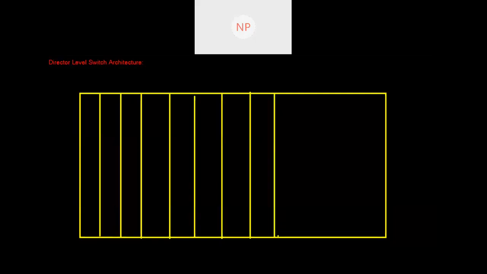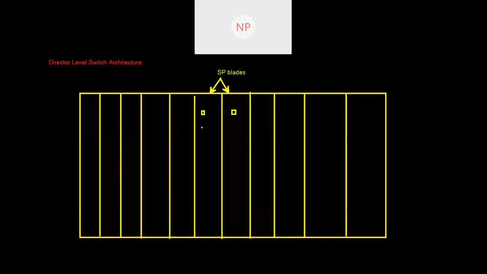Let's assume I'll explain about the DCX series. Let's assume these are the blades. These two will be called SP blades or CPU blades, which contain the management port, an ILO port.